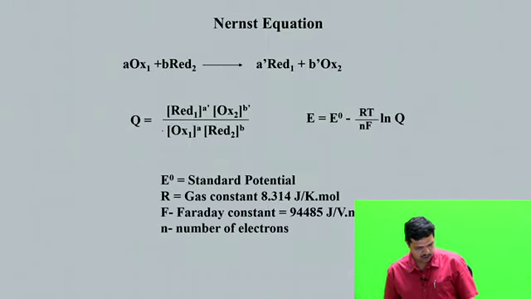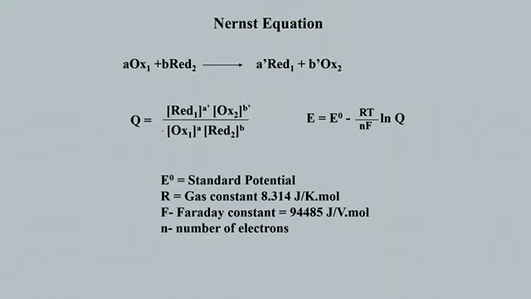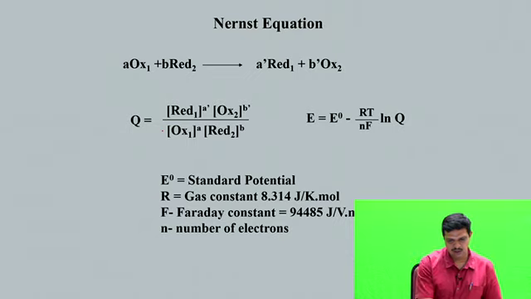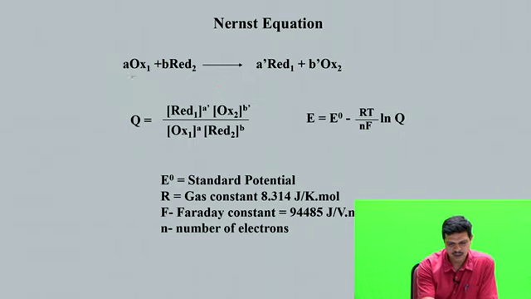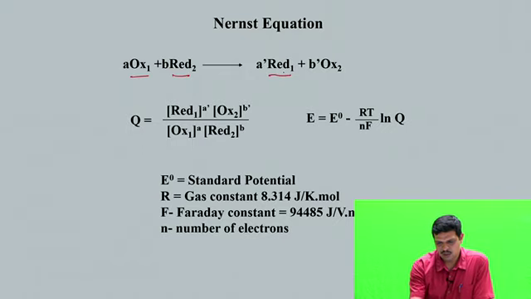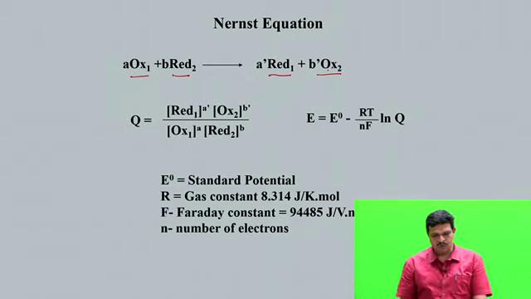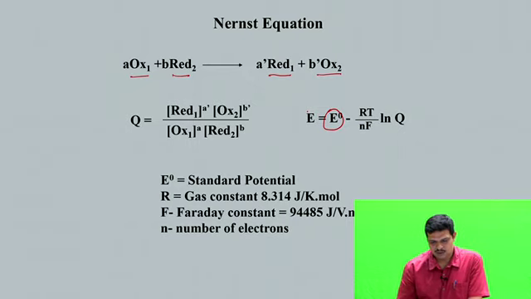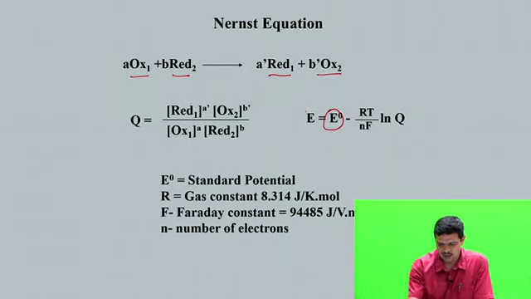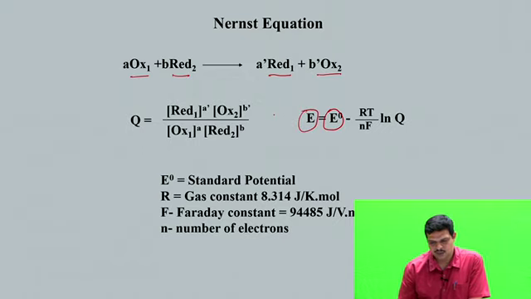A few concepts, for example, one is the Nernst equation. This is a very general way of writing. This is Ox, this is Red, so this is becoming Red1 and this is becoming Ox2. Now, you know the Nernst equation. E0 is the standard reduction potential, and E is the reduction potential at the particular condition, related by E = E0 - RT/nF ln Q, where Q is the quotient.